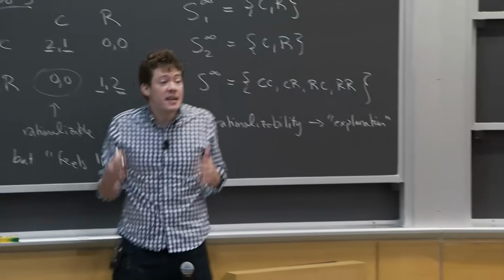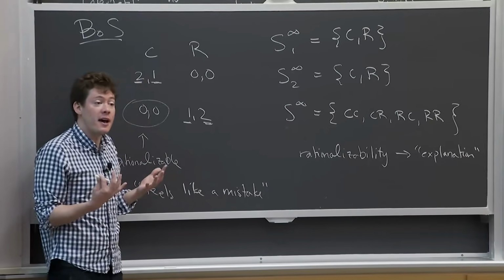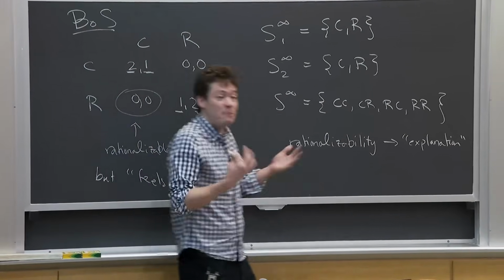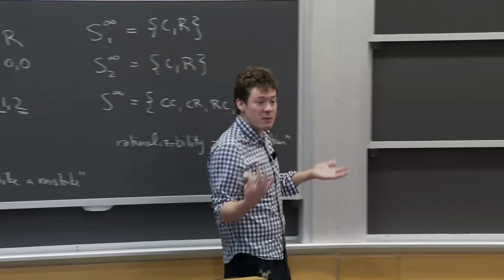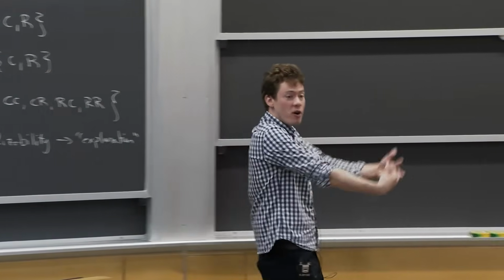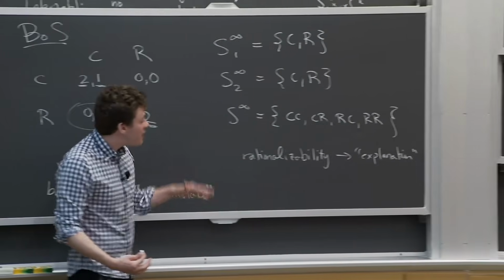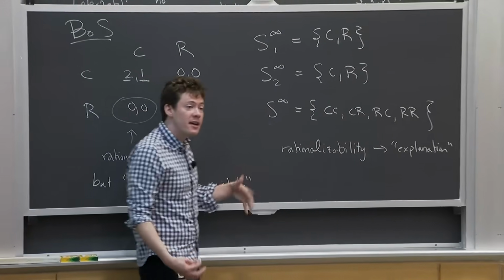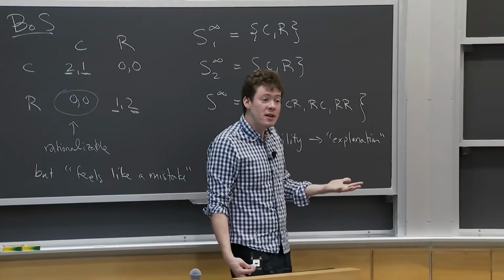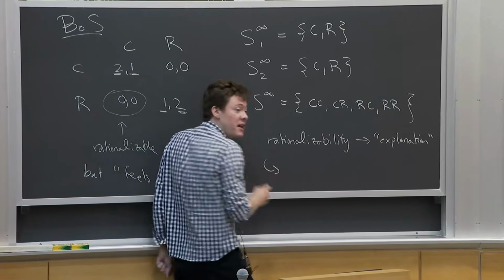So rationalizability says there exists some explanation for your play. The problem is your explanation may not be correct. In theory, it's a good explanation, but it might not actually comport with the way that people are playing. So rationalizability means you have an explanation, you're behaving optimally given these beliefs, but there's no requirement that the explanation is correct.